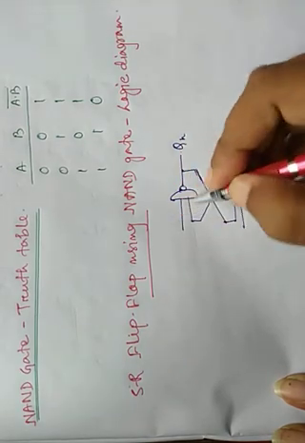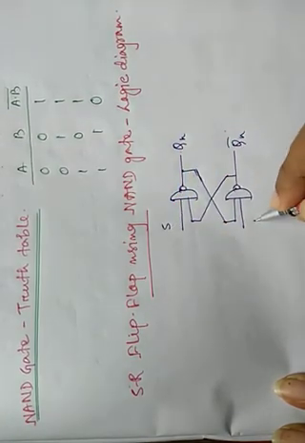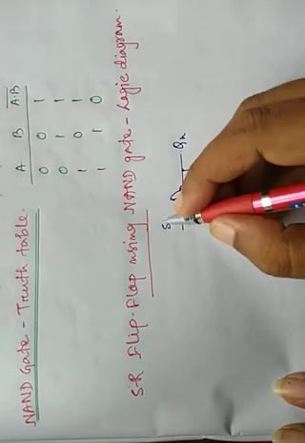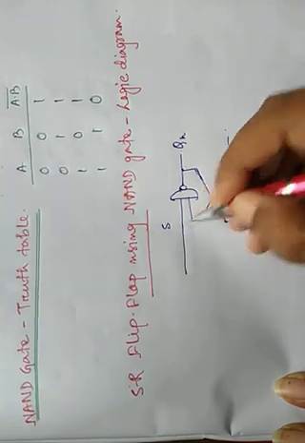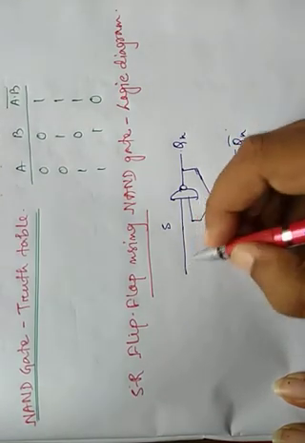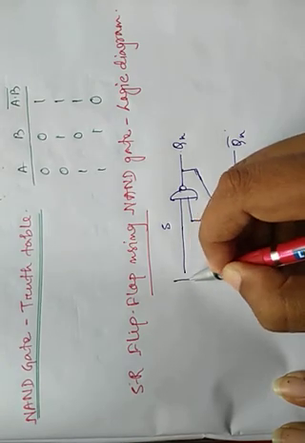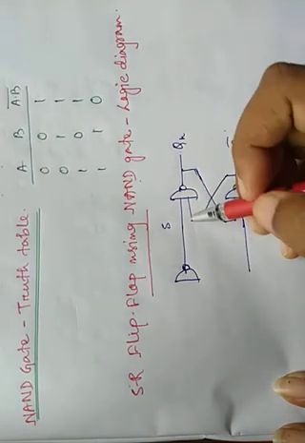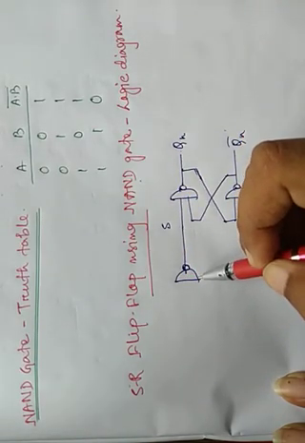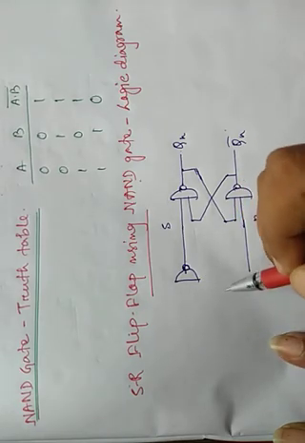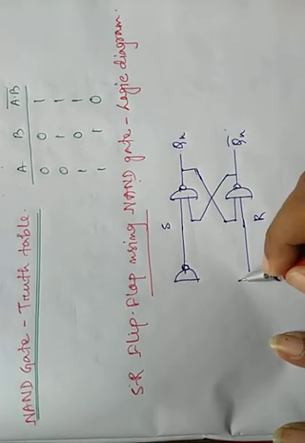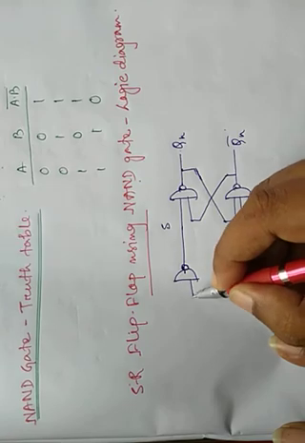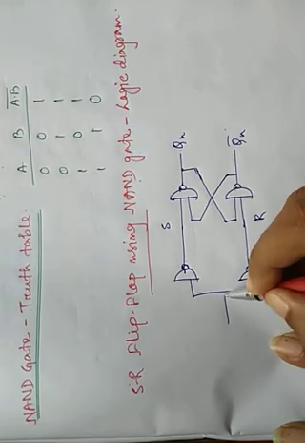Q and Q bar, and in the NAND latch, S comes in the upper gate and R in the lower gate. We have already known this. Now here we have to add another NAND gate. In the SR flip-flop using NOR gate, we used AND gate in order to feed the clock signal, but with NAND latch we have to add NAND gates in order to input the clock signal.